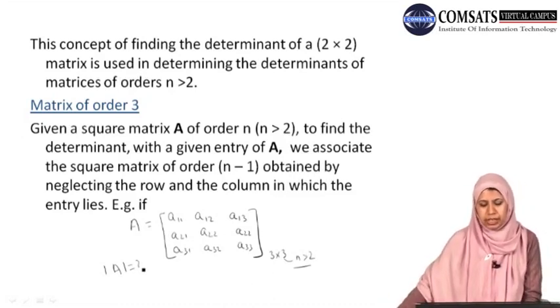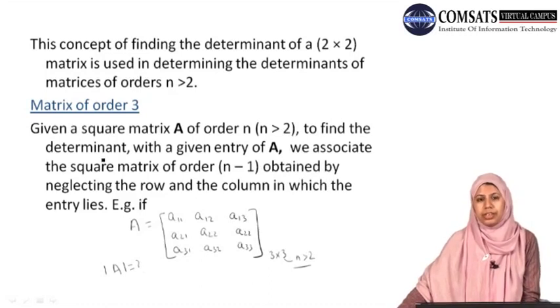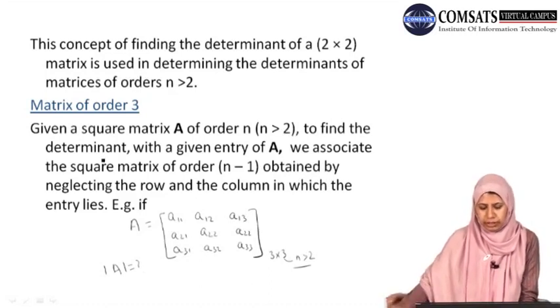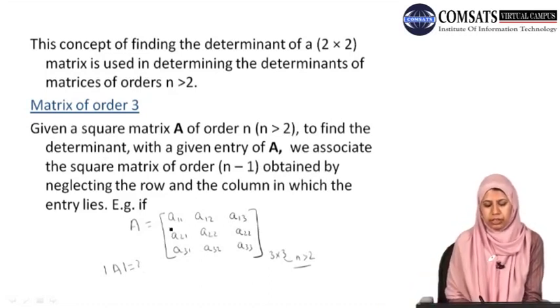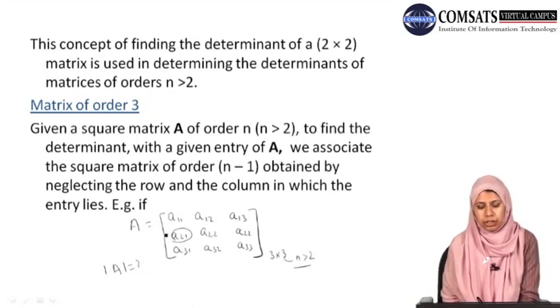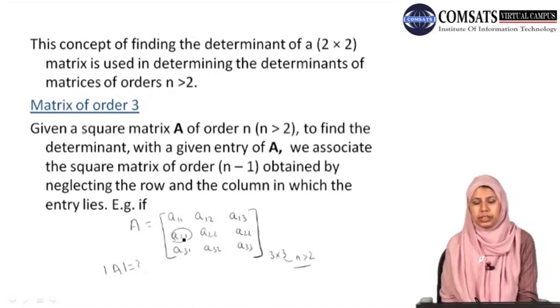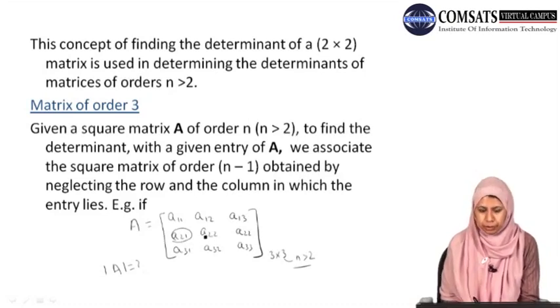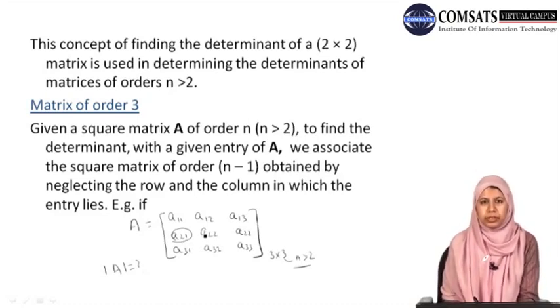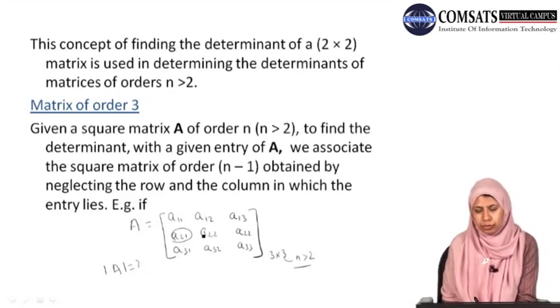The wording says that with a given entry of A, let's say the entry A21, we associate the square matrix of order n minus 1. That is, with this entry A21, we will associate a square matrix of order 2 by 2. How will we obtain this square matrix of one order less?